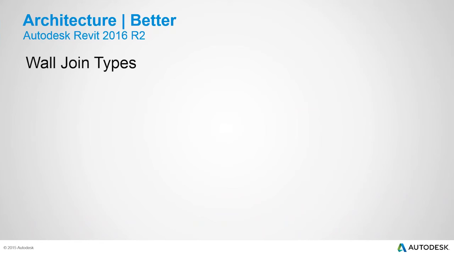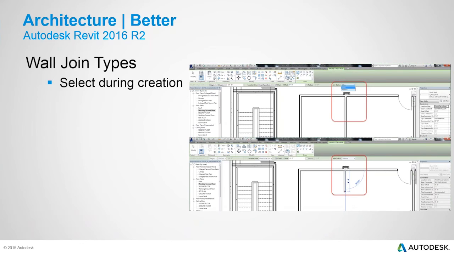Wall join types. Okay, this is an improved feature. We now have the choice to select wall join types during wall creation. In this R2 improvement, to edit wall joins, you can choose whether to allow or disallow wall joins while creating your walls.